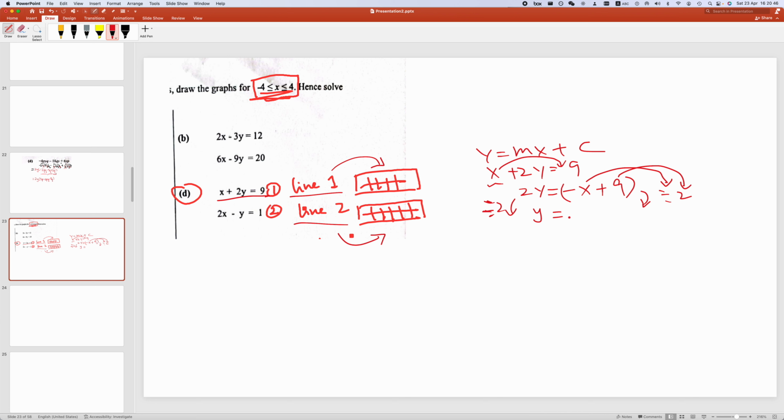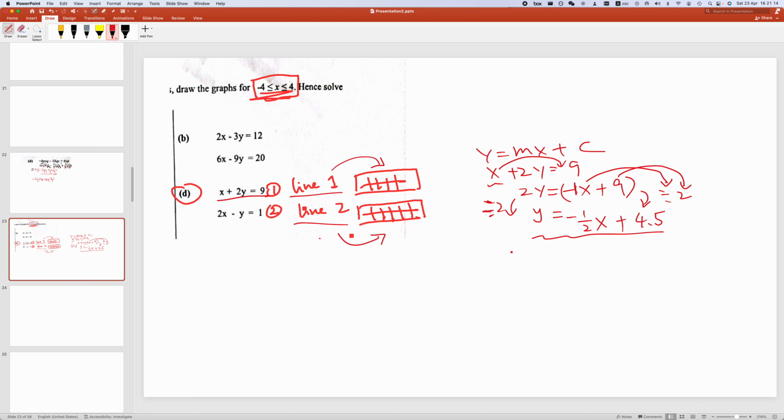The first arrow is minus 1, because here is minus 1. Okay? The second arrow is 9 divided by 2, 4.5. Very good.